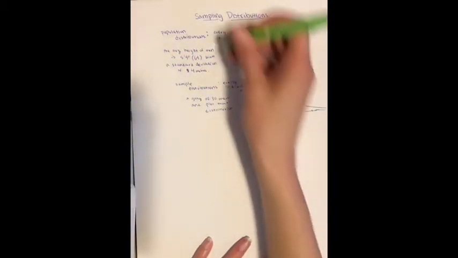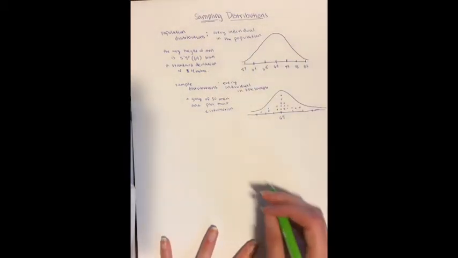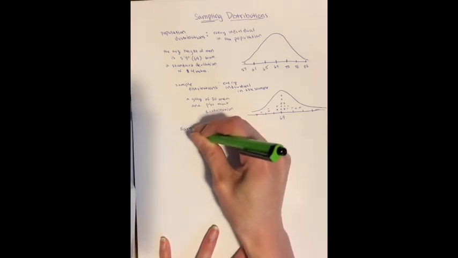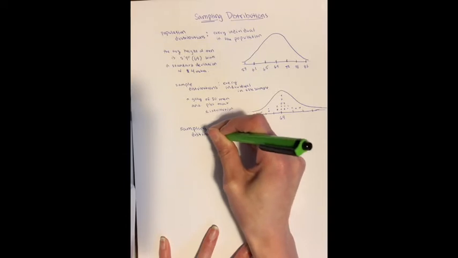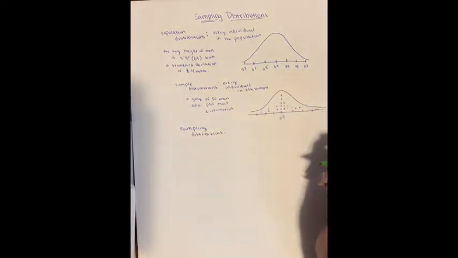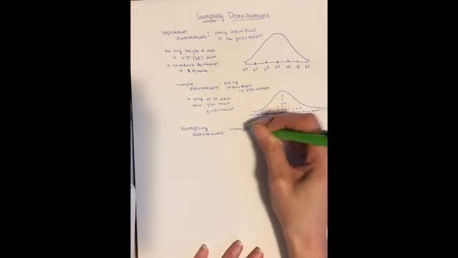Now, what we're going to talk about is sampling distributions. What that represents is a distribution of samples of a given size. Let's look at the average.